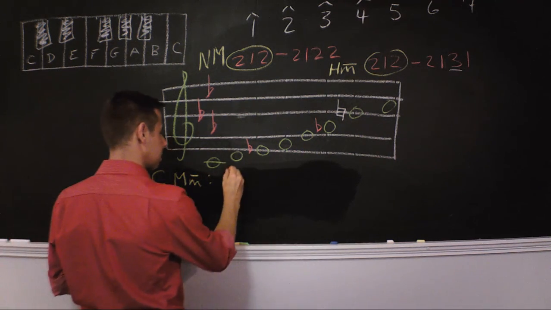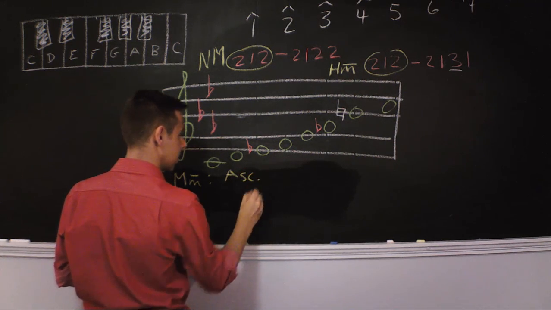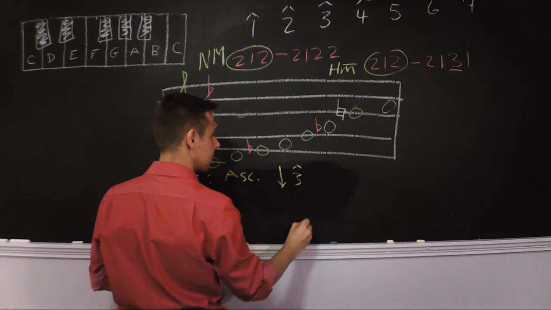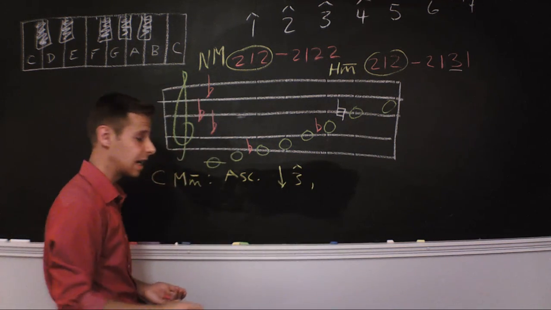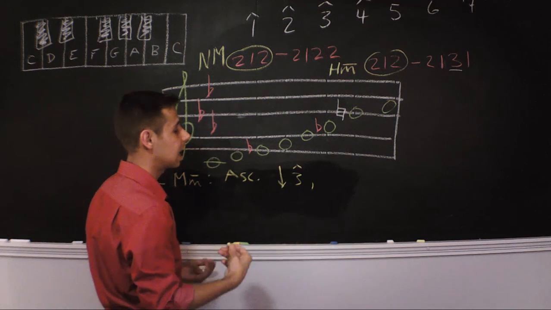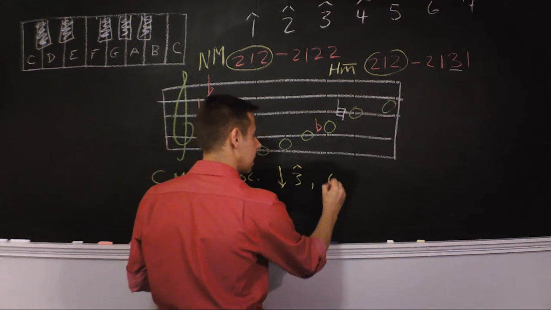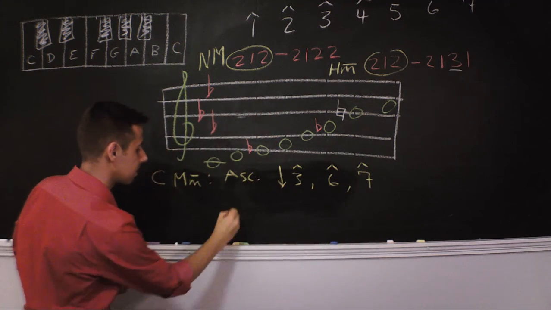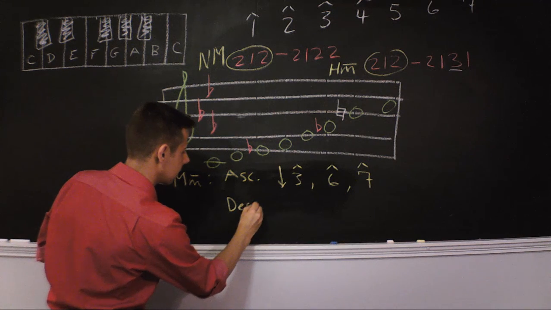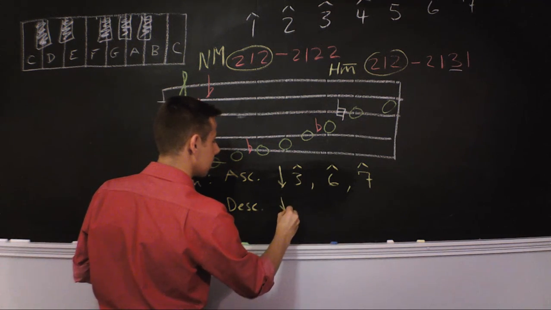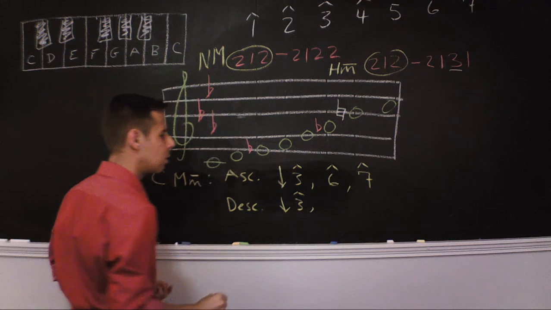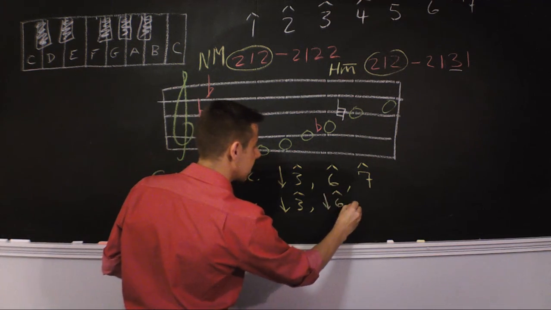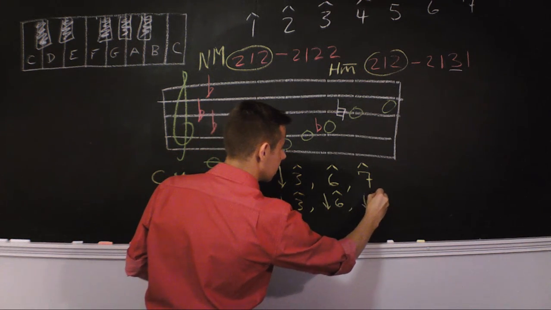So for the ascending part, we have lowered 3, and then we have regular 6 and 7. So the second half of the scale actually sounds like a major scale. We have standard 6, standard 7. But for the descending scale, we still have lowered 3, but now we have the same thing as the natural minor. We have lowered 6 and lowered 7.